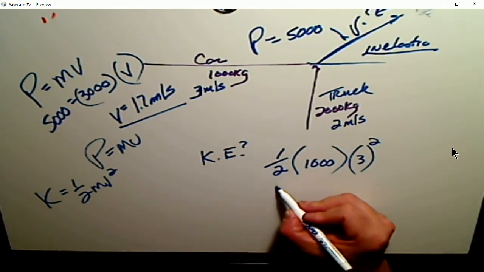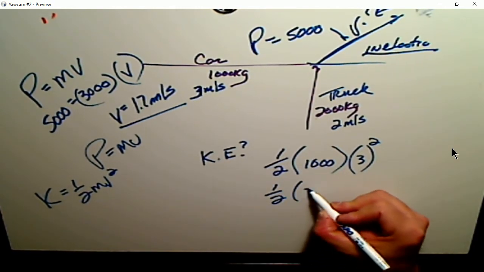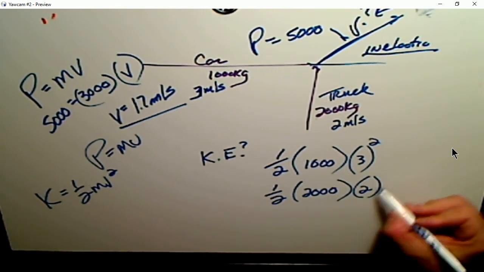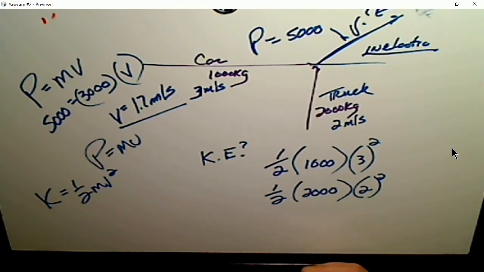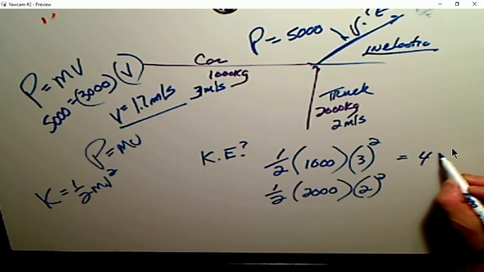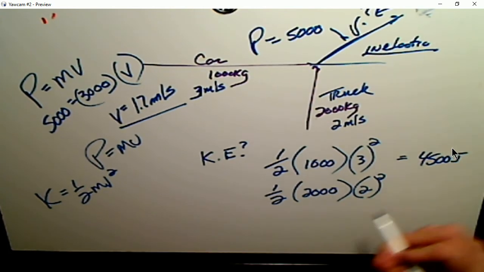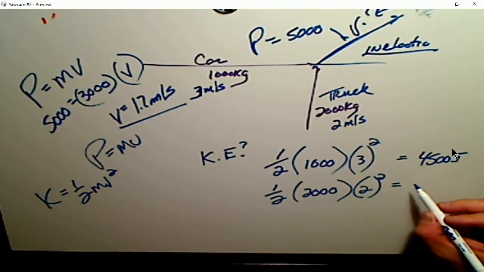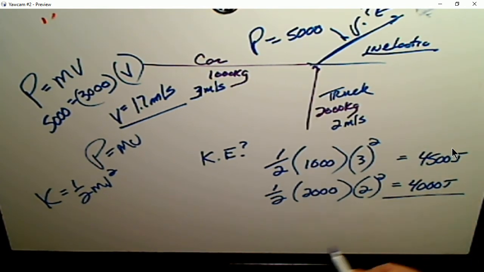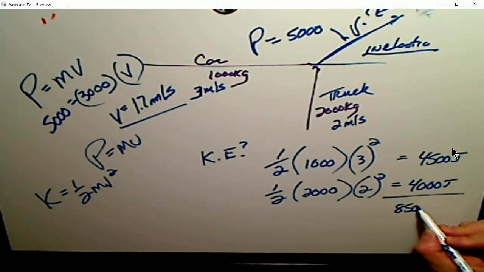And the truck is 1/2 times 2,000 times 2 squared. And that is 4,500 joules. And that is about 4,000 joules. Total of 8,500 joules.